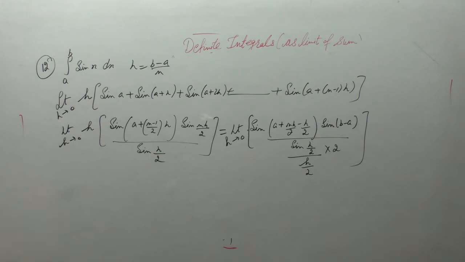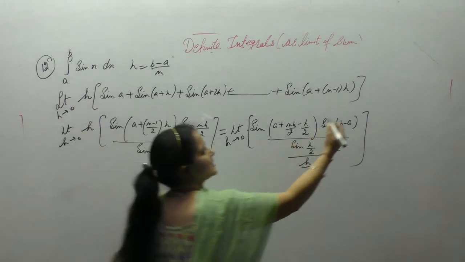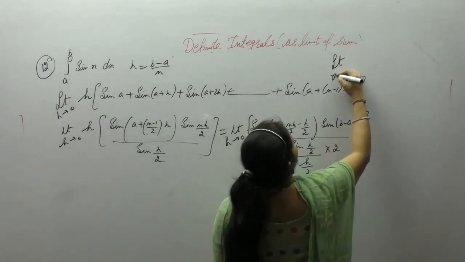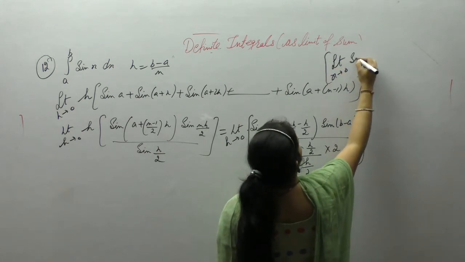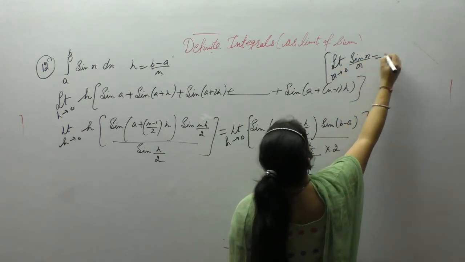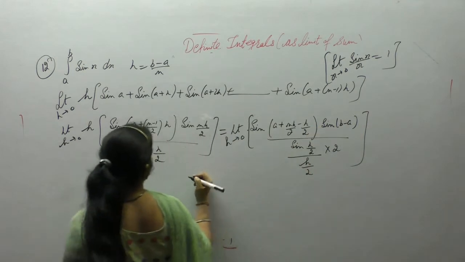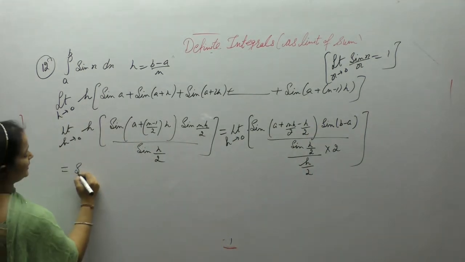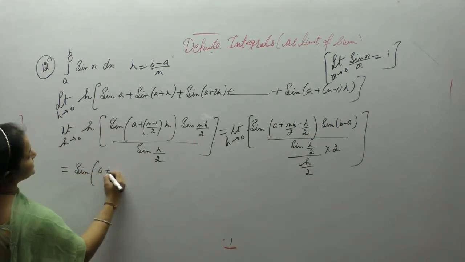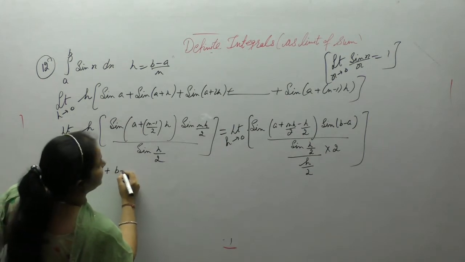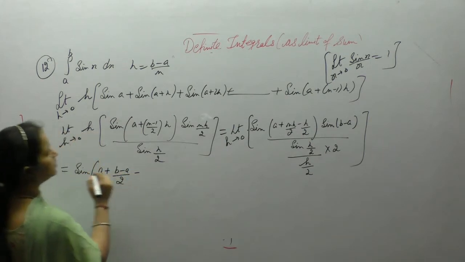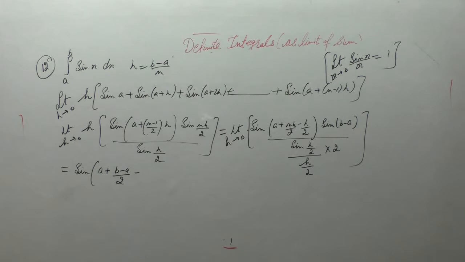Limit h tends to 0, sin x upon x is 1. Limit x tends to 0, sin x upon x is equals to 1. Sin of a plus nh, which is b minus a upon 2, minus h by 2.